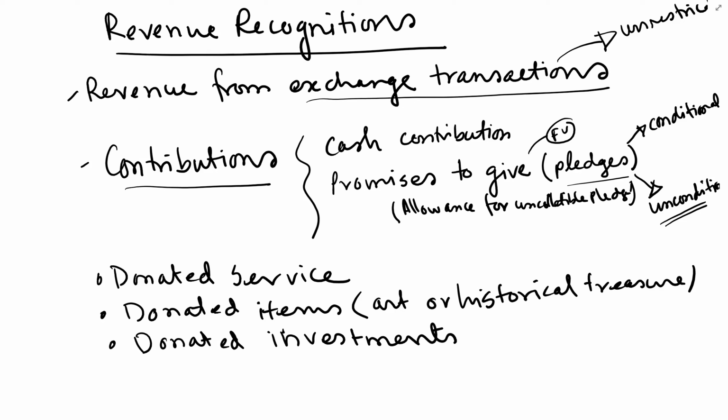For example, if a group of people provide voluntary service to extend a part of a building, that increases the value of the building, so you have to record that service.